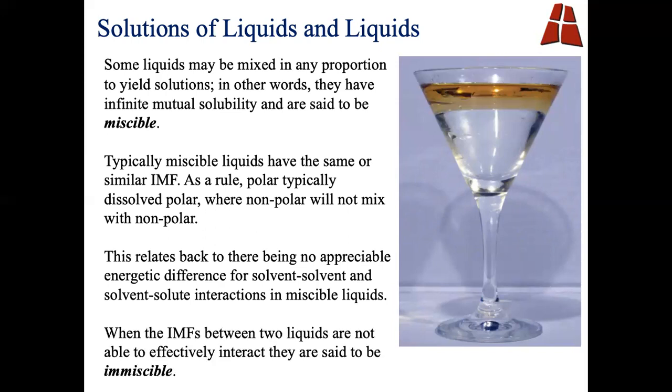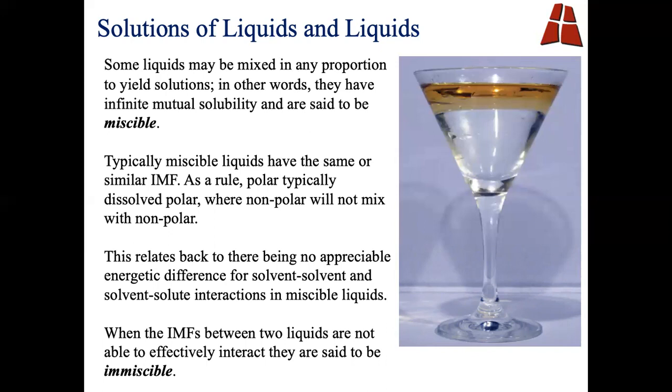And so, like this picture we have on the right here, where it looks like we have some sort of oil on top of water. When we have intermolecular forces between two liquids that are not alike, so say on our top liquid, our oil, we only have London dispersion forces, and down below, we only have hydrogen bonding with our water.